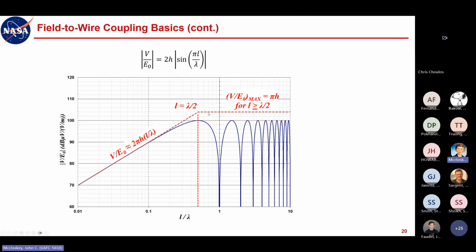So we have a flat line of pi H for L greater than lambda over 2, a half wavelength. Now it's clearly a little bit conservative here, right? This is a little bit higher than the actual peaks here, but for establishing a CS limit, a little bit conservative is not a bad thing, right?